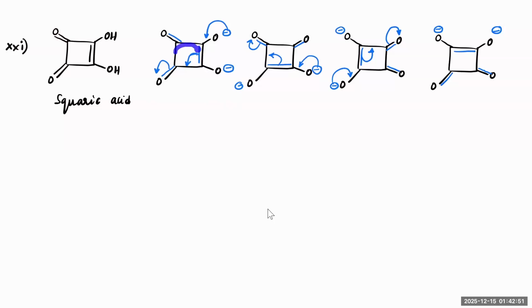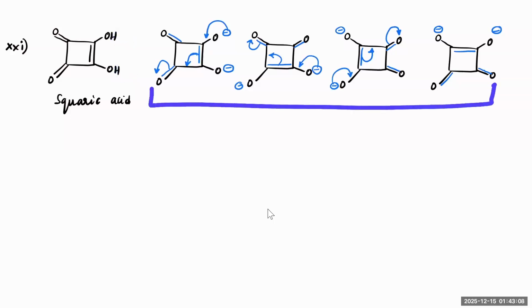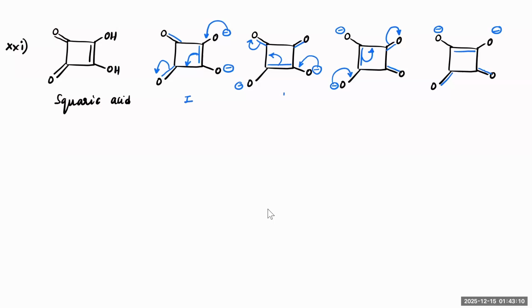That means one pi electron pair is present, which will lead to aromaticity. Hence, removing these two H plus will give you a very stable conjugate base. So 1, 2, 3, and 4, all four are equivalent resonating structures with aromatic ring.